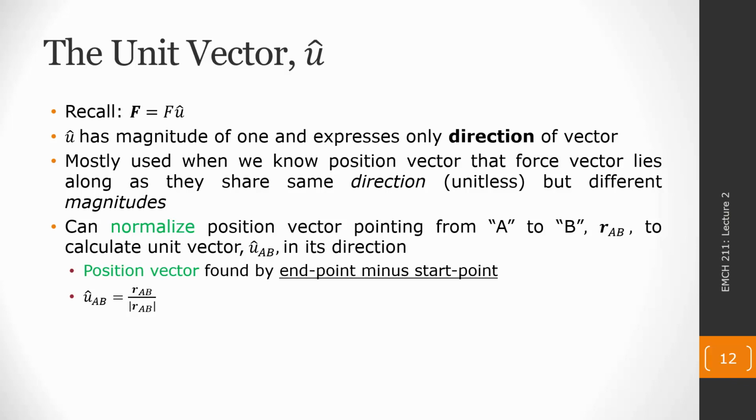So how do we first find this position vector? Keep calling it RAB for now. Well, RAB is going to be found by taking its end point minus the start point. So where does it end, minus where it starts? And this is where using a coordinate system in our Cartesian coordinates is going to be really helpful, because if we know the coordinates of point B and the coordinates of point A, if we take the coordinates at B and subtract the coordinates at A, we're going to very quickly be able to find the I, J, K components of this RAB.